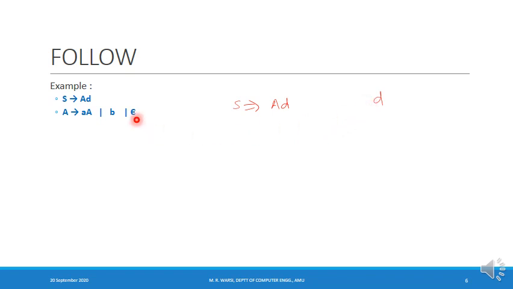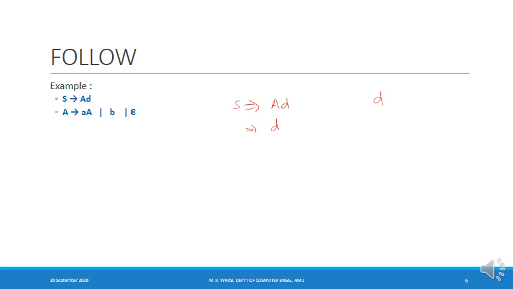For this to use, the next input symbol has got to be the symbol which is there in the follow of capital A. Follow of capital A is containing a small d. So that means next input symbol is a small d. So I can use the third production for expanding the capital A. I replace it with epsilon and I obtain the given string, that is a small d.